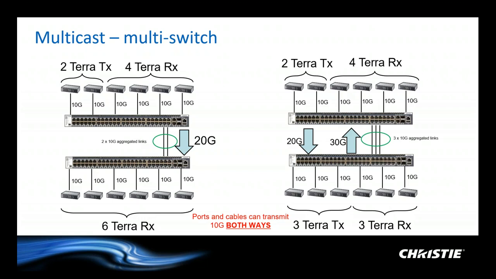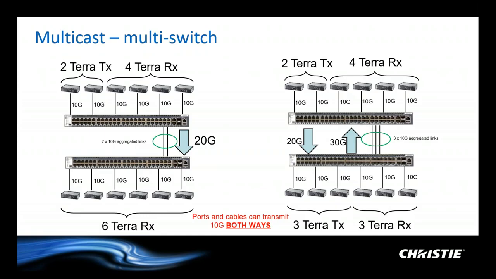And because those links are bi-directional, because you have 30 gigabytes, you obviously have more than enough bandwidth to go between the top switch and the bottom switch for the RX that may subscribe to the TX that are connected to the top switch.